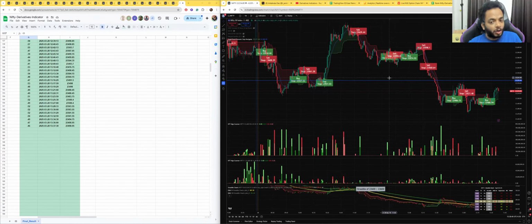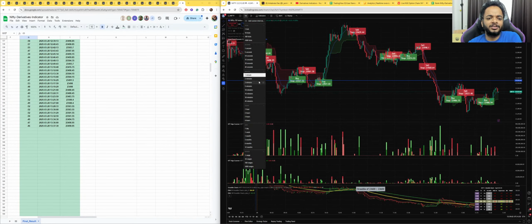If you go on longer time frames, you can even use the dynamic stop navigator for swing trading as well. I'll explain that in one of the other videos. If you are going for swing trading, for example, let's go to a 30 minute or 1 hour chart.